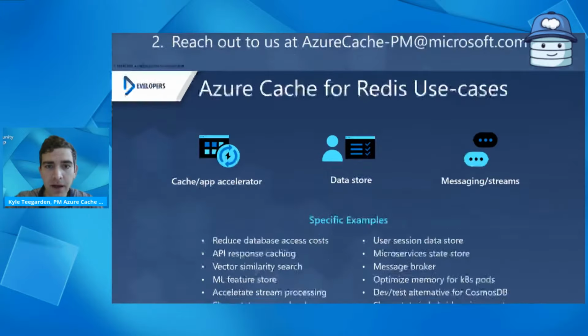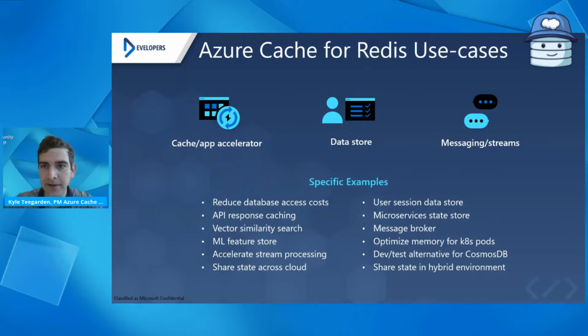If you're not familiar with Redis or Azure Redis, it's a super popular caching and data store piece of software. It's used very commonly as a distributed cache, as a way to accelerate an application, as a layer in between the app and the database, for instance, but also very commonly in other use cases too.